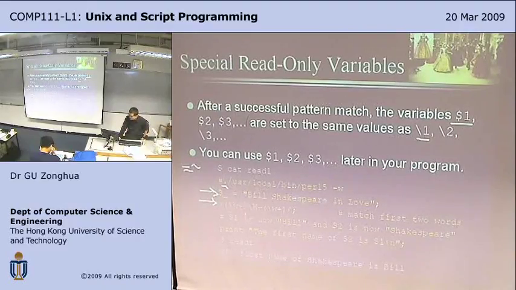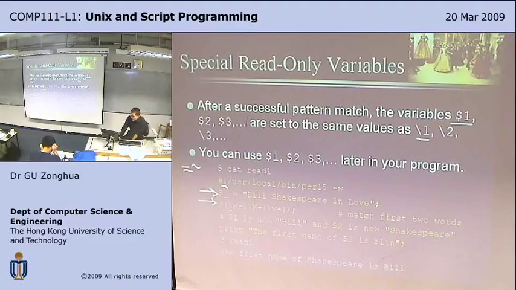So it matches any \w. \w means any alphanumeric character, I believe. Yes. Small w means any A, B, C, D, E, or 0, 1, 2, 3, 9.